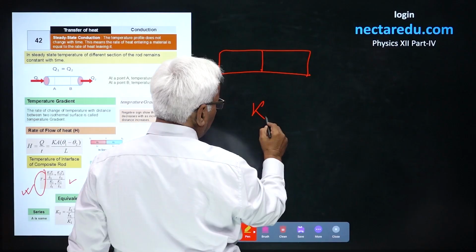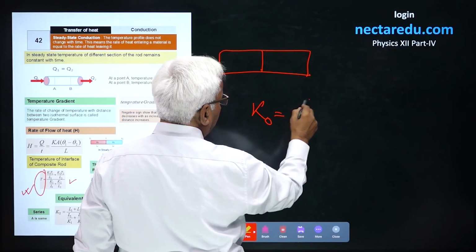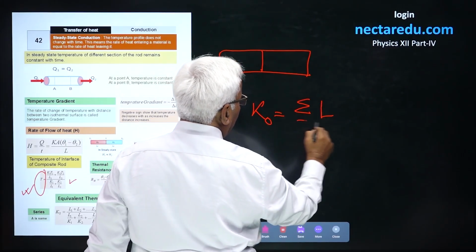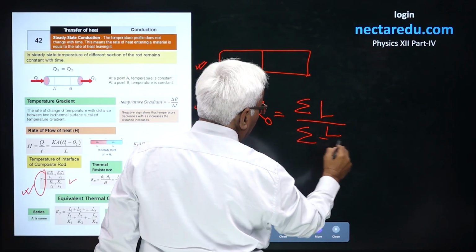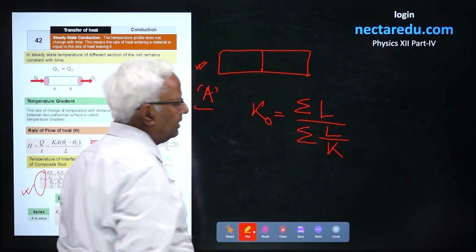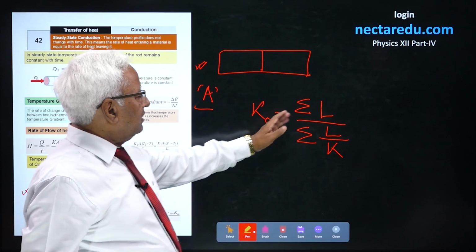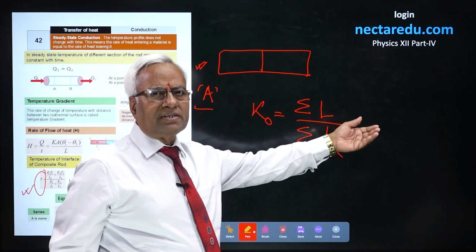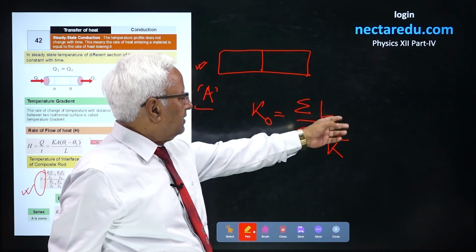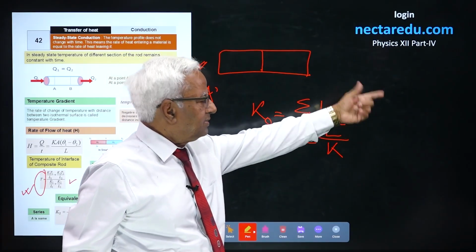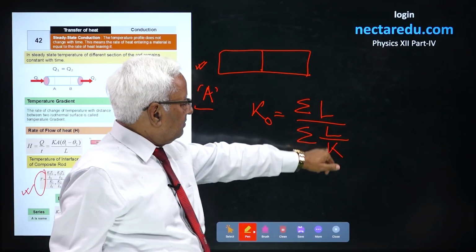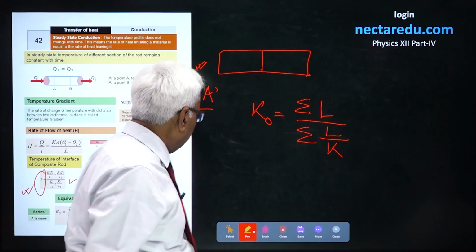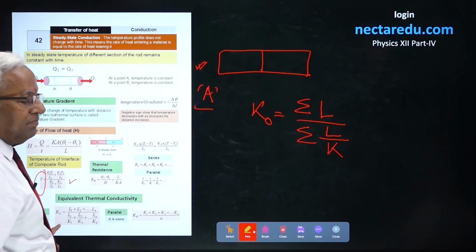In that case, the equivalent thermal conductivity is going to be sigma L upon sigma L upon K. It is irrespective of the number of conductors. You might use any number of conductor, L1 plus L2 plus L3 and so on. Here also L1 upon K1, L2 upon K2, that is given here exactly.